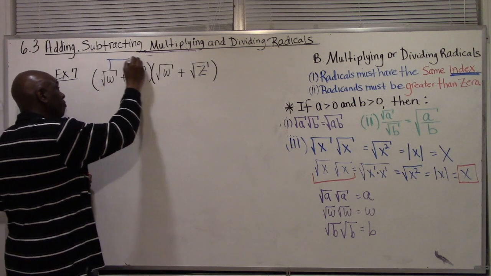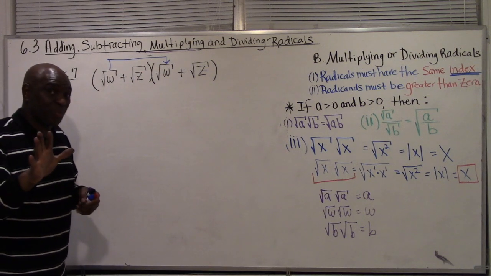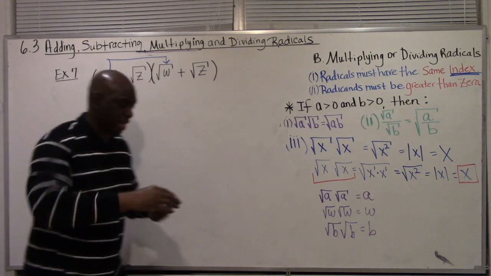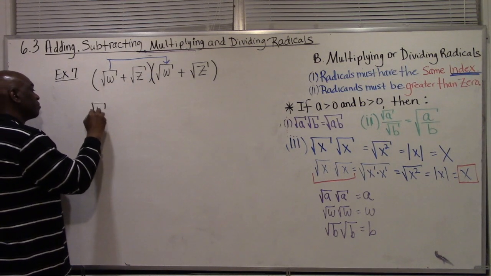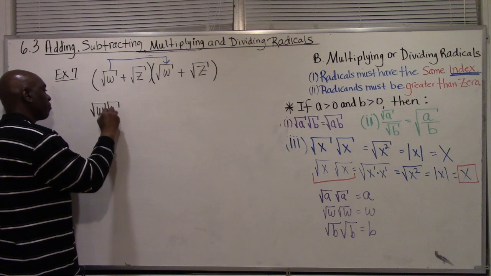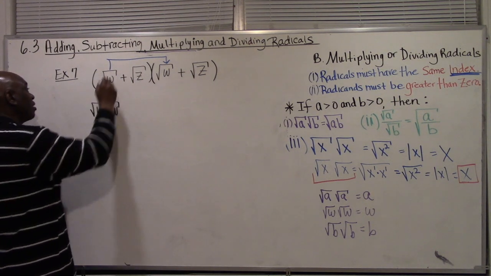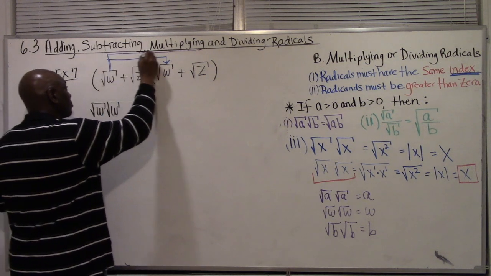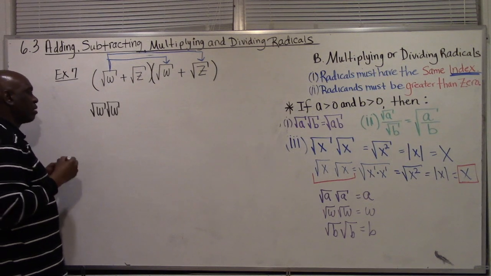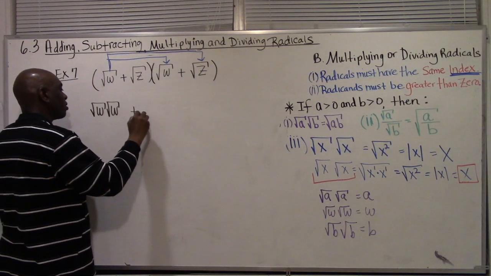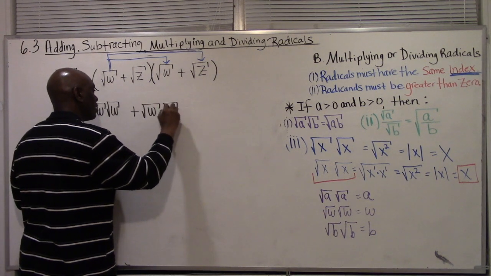Here we go. Root w times root w. You already know what the answer is. I know. My AP students already got it, but write it out. That's going to be root w times root w. Now go root w times z. Plus root w times root z.